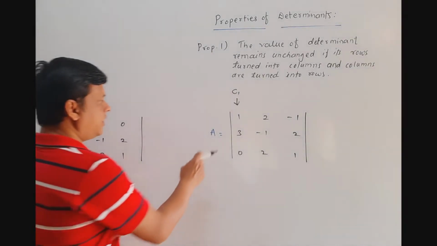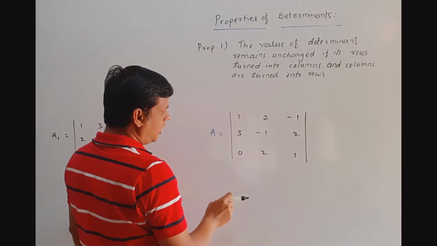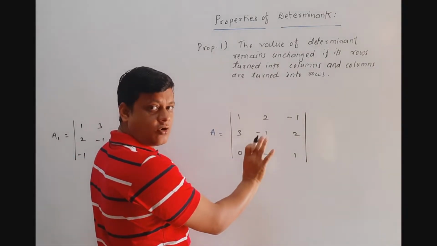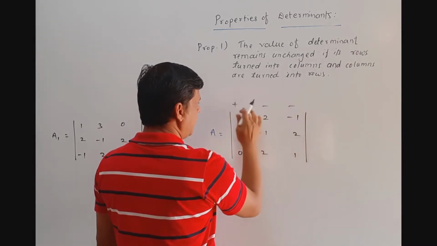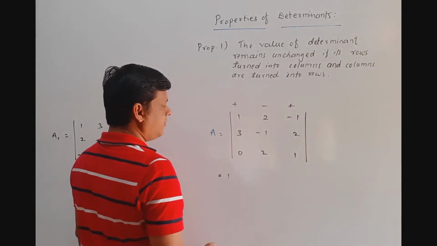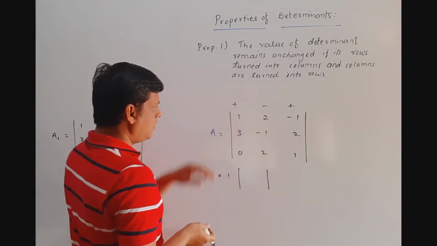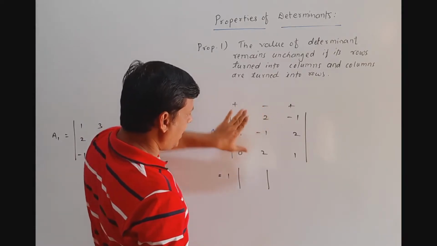So first we calculate the determinant A. For that we solve along first row, second row or third row. So we solve along first row. So write minus plus minus. Write here 1 in determinant. When we consider first row and first element, we skip that first row and first column.